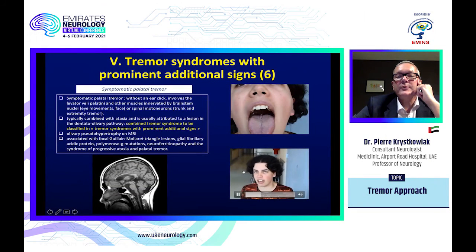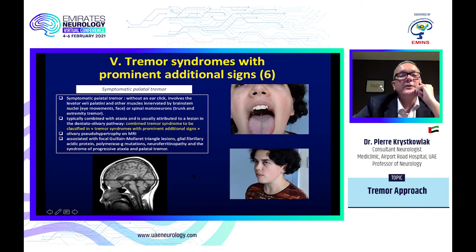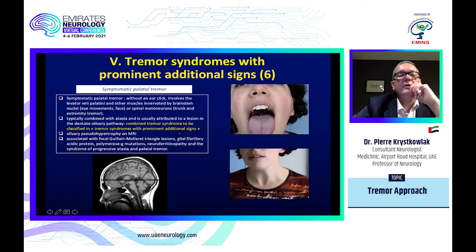Here you got the palatal tremor, and here you got some tremor in the neck muscles. In this tremor, you have abnormal MRI with olivary pseudohypertrophy. This is clearly classified in tremor syndromes with prominent additional signs, so this is completely different from the idiopathic palatal tremor.